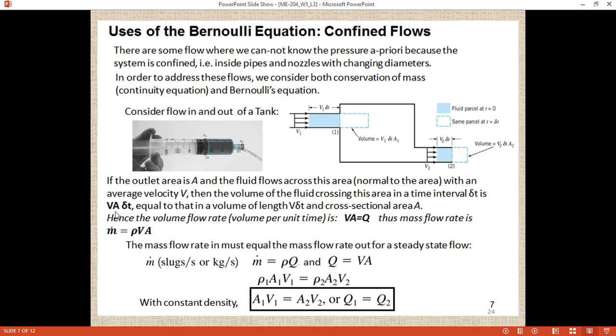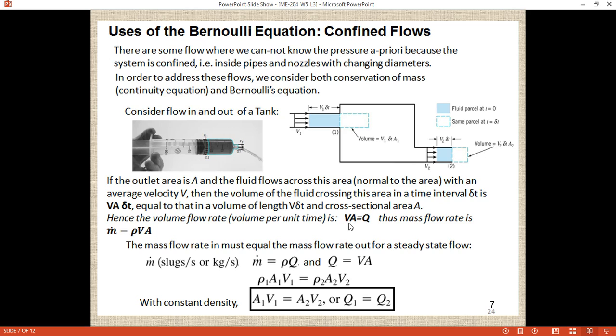Because v into delta t is the distance traveled, and A is the cross section area, that gives a volume of length v delta t and cross section area A. Hence the volume flow rate per unit time is Q equals v A. Here we are not saying volume, we are saying volume per unit time. In per unit time the volume that enters, the same volume of fluid will come out of the system in the same time.